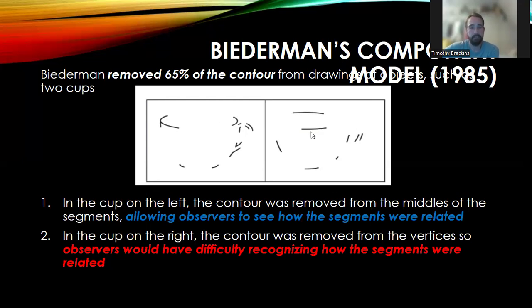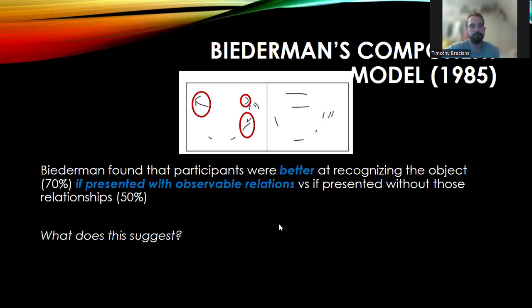They each have the exact same amount of information. It's just that on the left, we're still allowed to see how each segment relates to each other, whereas on the right, we can't. And what Biederman found was that participants were close to 70% better at recognizing the object if presented with the observable relations versus without.